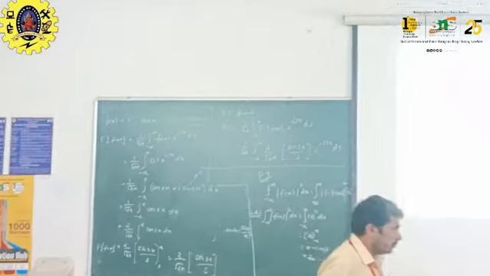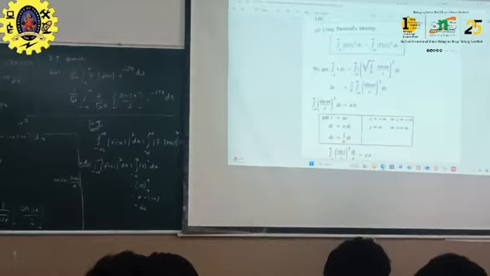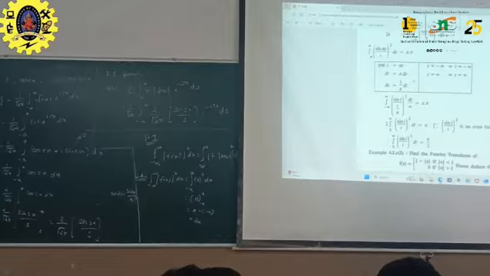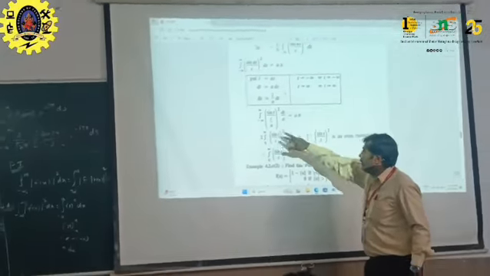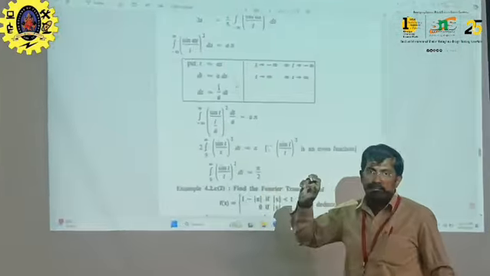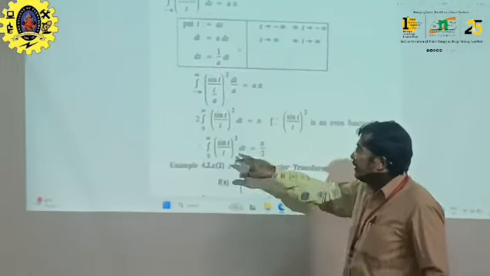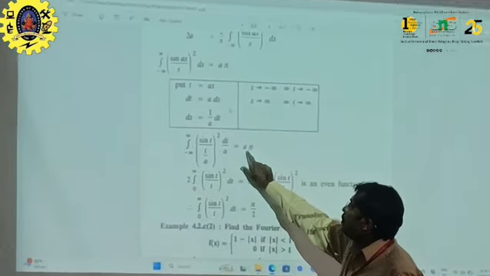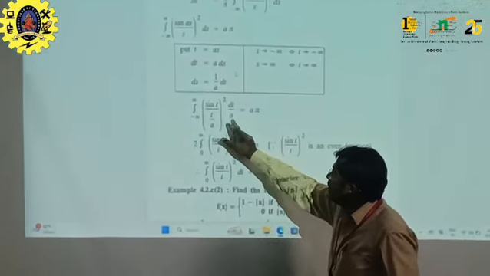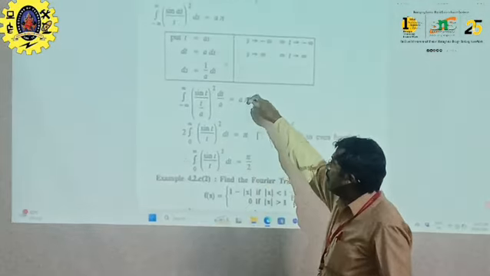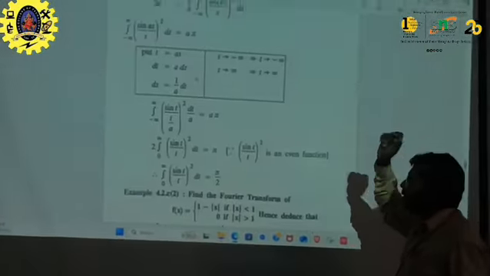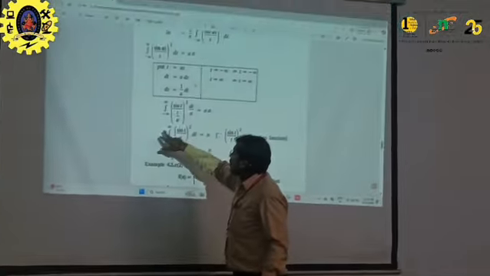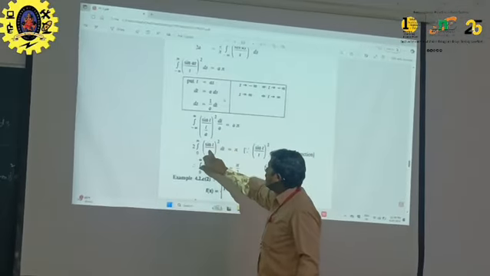The integral from 0 to infinity of sin t by t whole square dt is equal to, again, pi by 2, am I right? This is the result I want. What is missing here is the final answer, a. So we have to substitute what a is here. When you bring this a to the other side, you get twice the integral from 0 to infinity of sin t by t whole square dt.